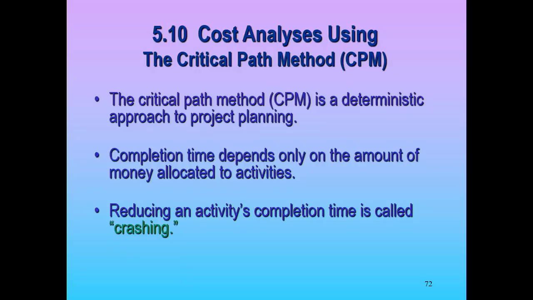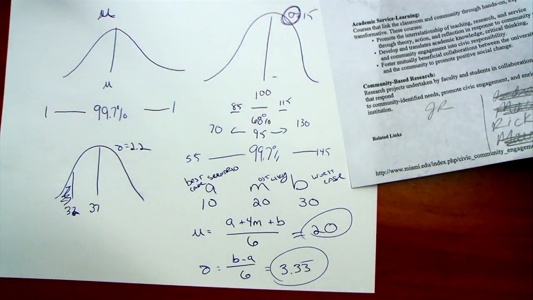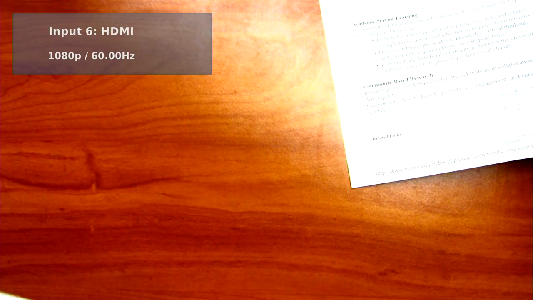So what we do with crashing an activity, and there's some templates on this, but they're terrible templates, so I just kind of want to talk about it a little bit. When we talk about crashing activity, there's something in project management called the iron triangle. What is the iron triangle? You ever hear of that? The iron triangle in project management?